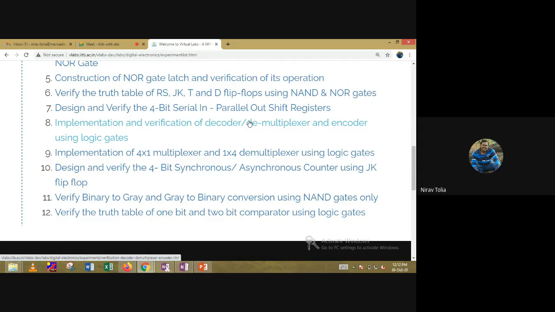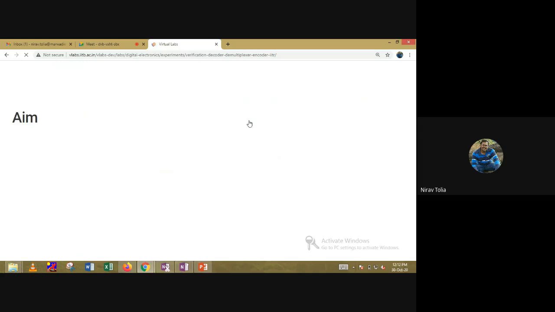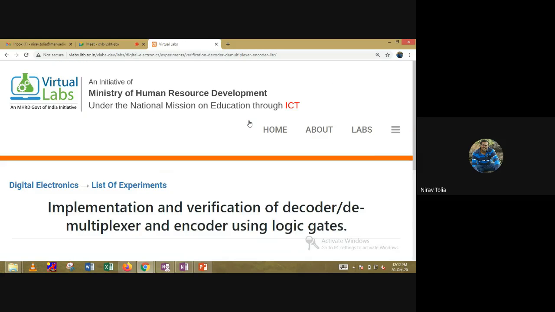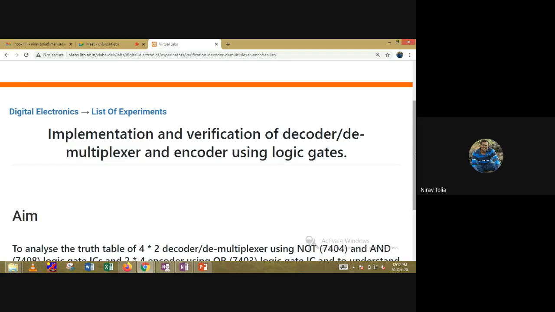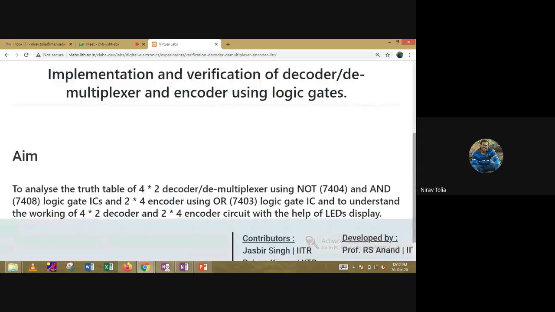So we have to focus on the encoders and decoders only. So this is our experiment.